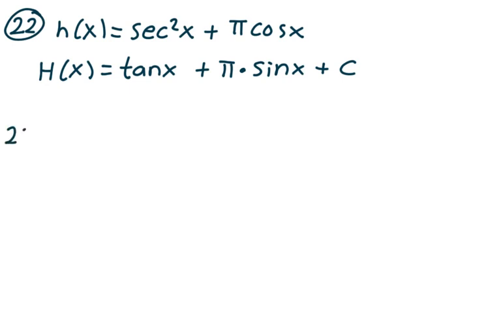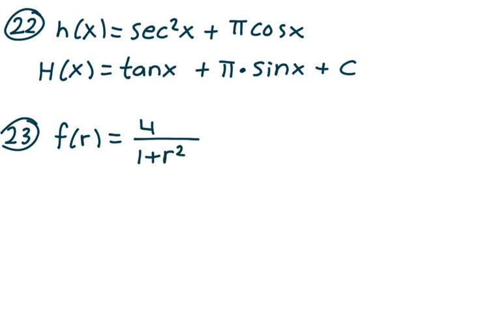On 23, suppose f of r is equal to 4 over 1 plus r squared minus the 5th root of t to the 4/5. Although that can be a good one too. But let's stick to this one. It's the 5th root of r to the 4th.